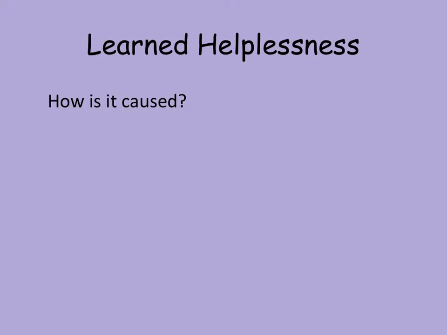So attributions can cause learned helplessness, and you need to know how this process can happen. So how can attributions cause learned helplessness? Have a look at two different ways. So we need to know about when we succeed and when we fail.